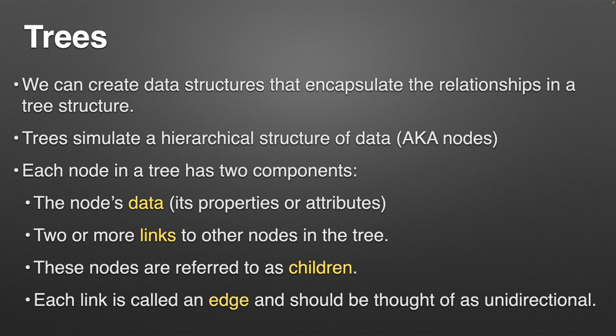When we talk about the actual connection between 2 nodes, we'll call that an edge. And for the purpose of a tree, we'll think of that as a unidirectional edge. So we'll only travel in one direction, starting at the root and going down.